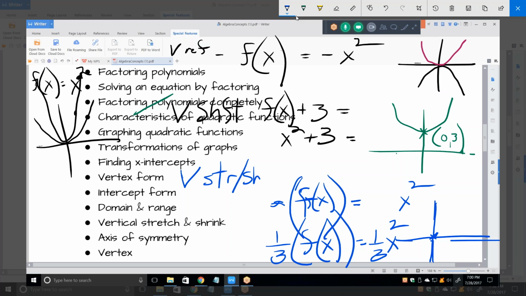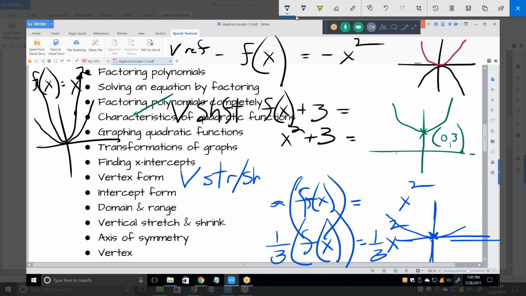It's still right there at 0, 0. When x is 0, 1/3 of f of x is still 0. But it has a difference on the shape of the parabola. It no longer is going to look like this original parabola over here on the left. It's going to be flatter.